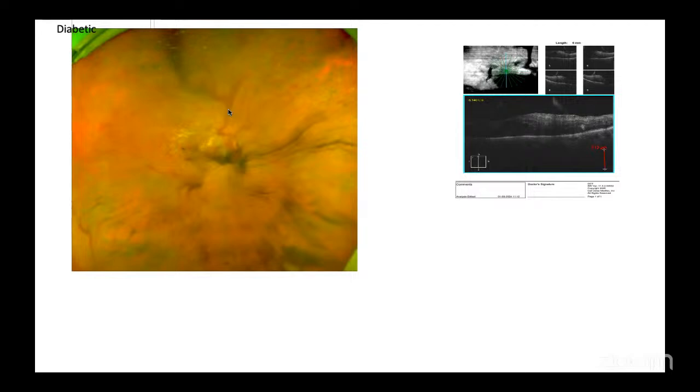Okay. Pan-retinal photocoagulation, I can do it with an argon laser using either a BIO endoscopic lens or, sorry, I can't remember the names of other lenses.